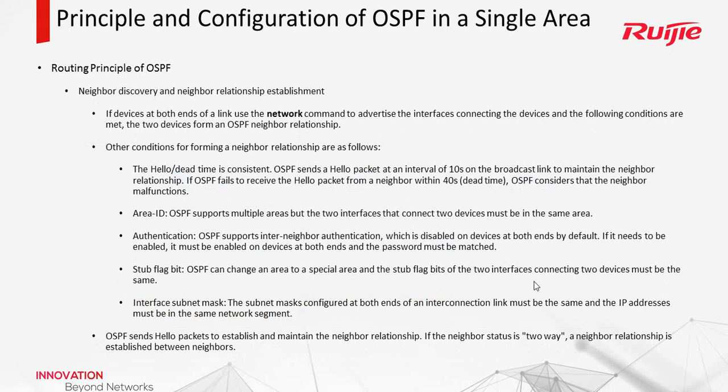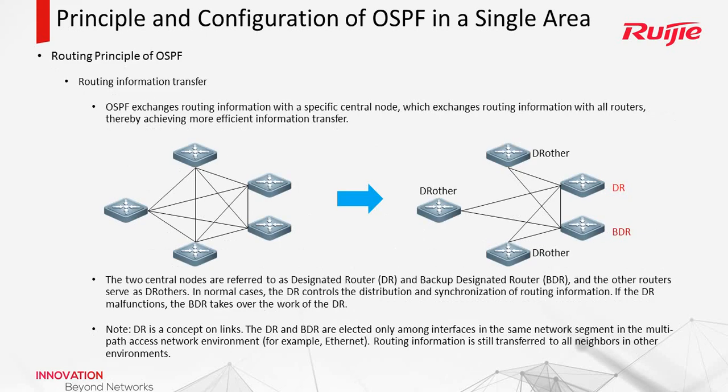And here is a summary of the OSPF routing principle. You can read them later. Just remember, for the two pairs, we should make all of the values the same. And one other thing, for OSPF, all of these devices don't exchange information with each other.